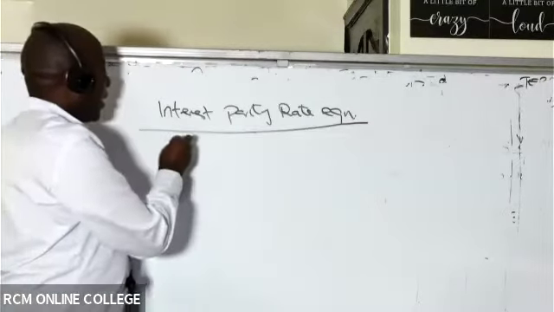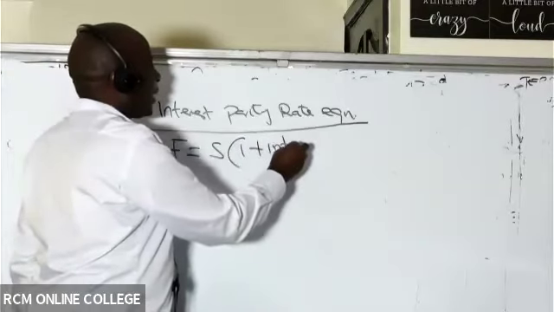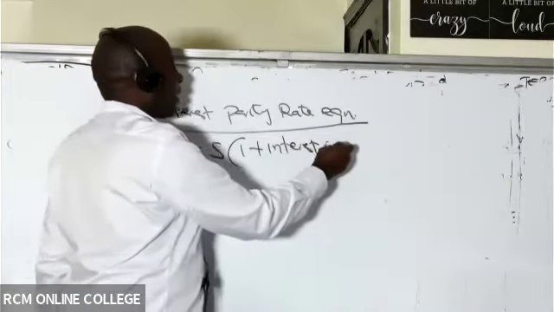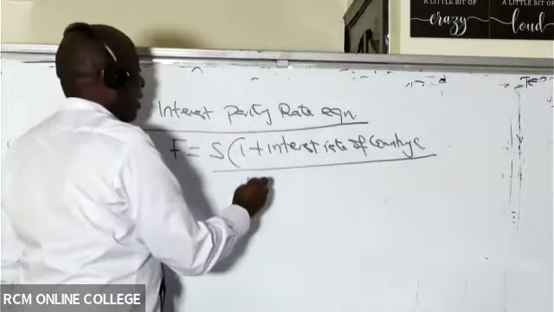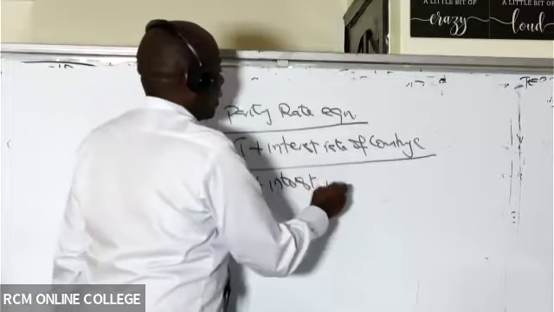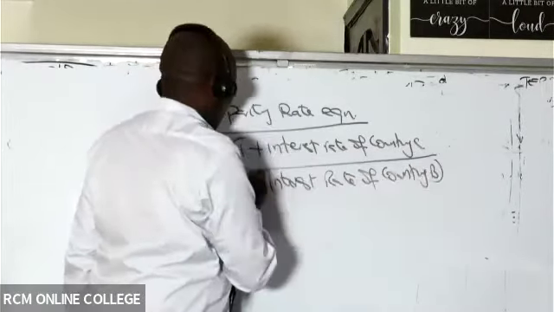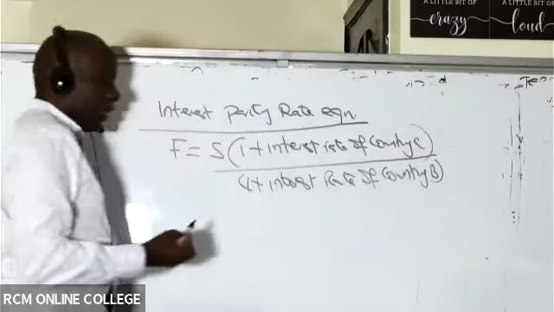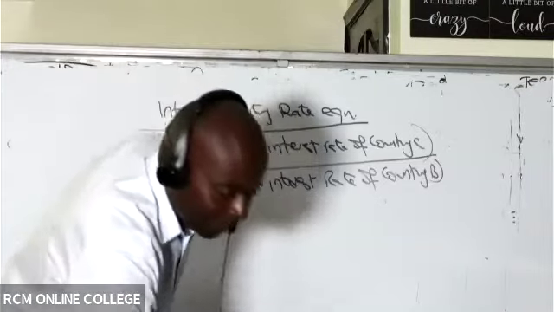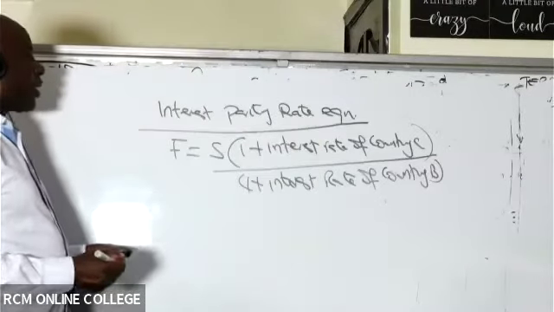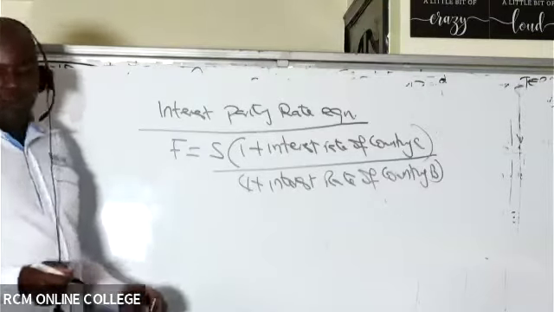We normally say that F equals S into 1 plus interest rate of country C all over 1 plus interest rate of country B. This pen of mine is not one of the very best, but we shall overcome. I'll get a better pen in a moment.